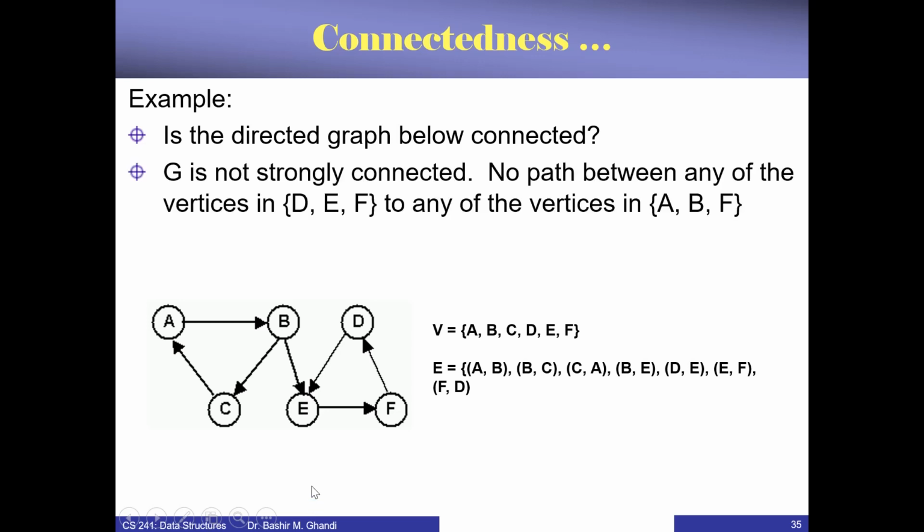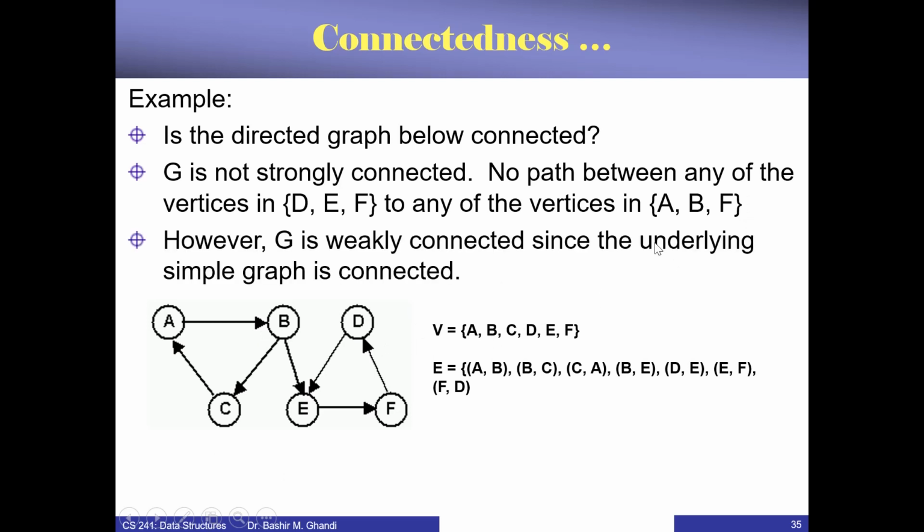Let's read the rest of the slide just to make sure we didn't miss anything. So it's saying G, which is this graph, is not strongly connected. Obviously, because there is no path from any of the vertices D, E, F back to any of the vertices A, B, C. This is why it is not strongly connected.